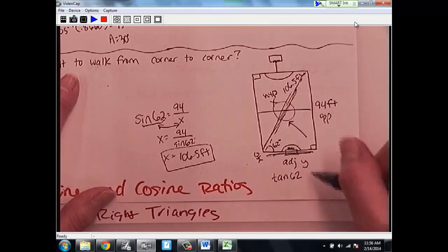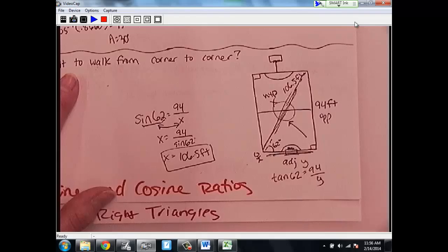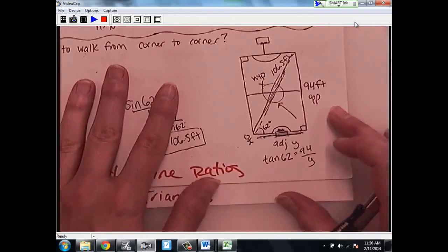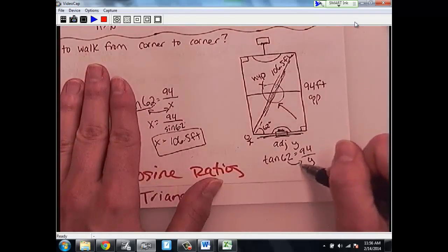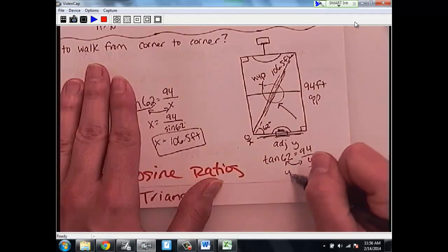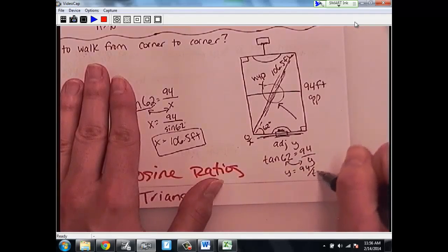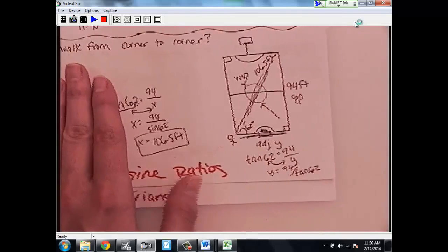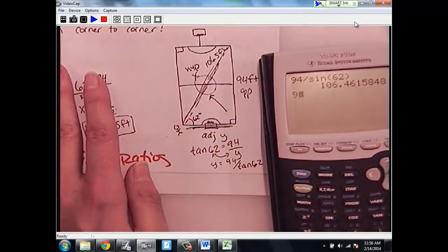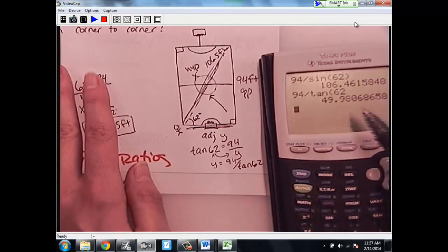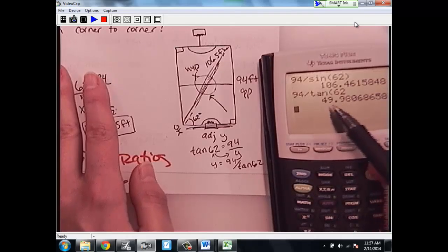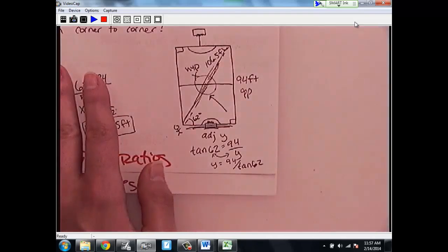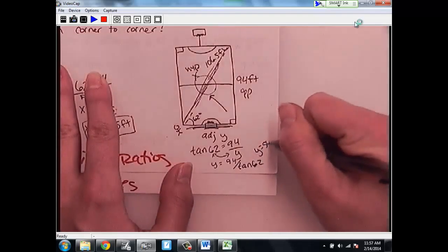Tangent of 62 equals the side opposite over the adjacent, which is y. And how do we solve that one? Y is in the denominator, so we switch them and divide. And what do you get? 49.98. That's going to round up, which is going to change that number to 50. So y equals 50 feet.